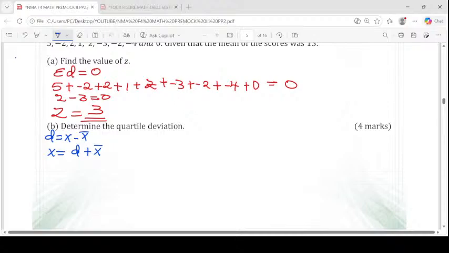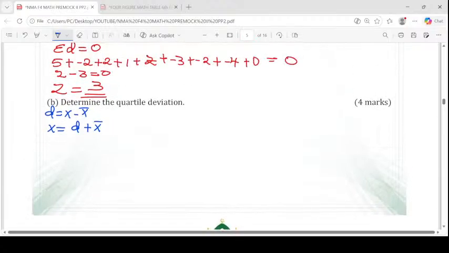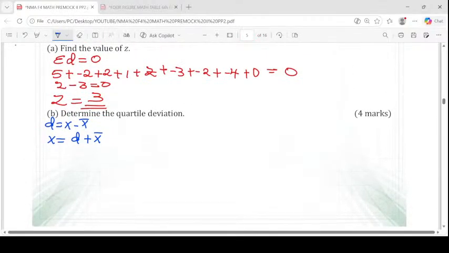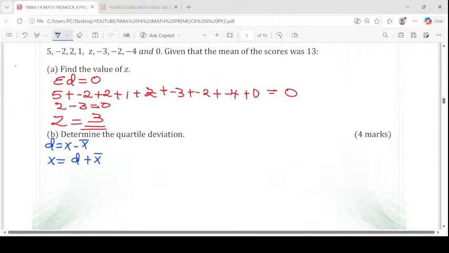So let me populate the x column. Remember the x bar is 13. 5 plus 13 is 18. Negative 2 plus 13 is 11. 2 plus 13 is 15. 1 plus 13 is 14.